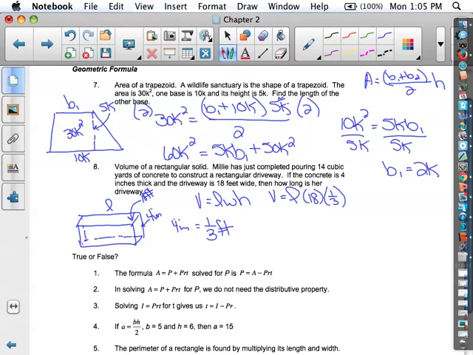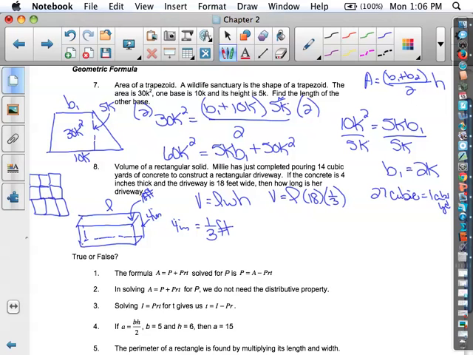That should be 27, right? 27 cubic feet equals 1 cubic yard. Okay, so think about this. On the bottom you have 1 cubic foot, 2, 3. So you have 9 of those, and then you have that 3 high.